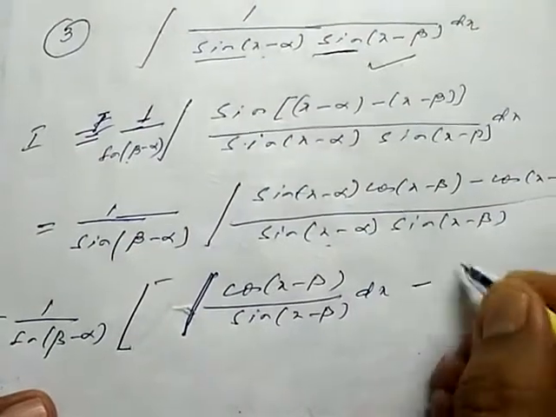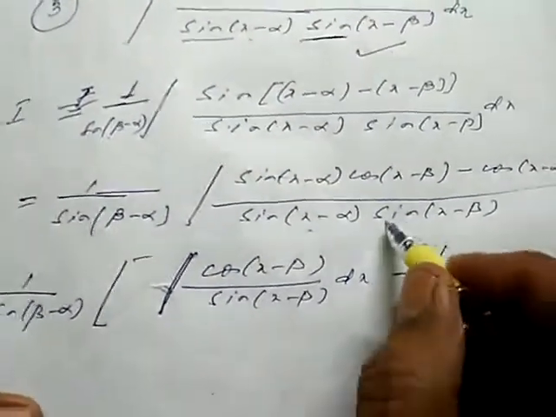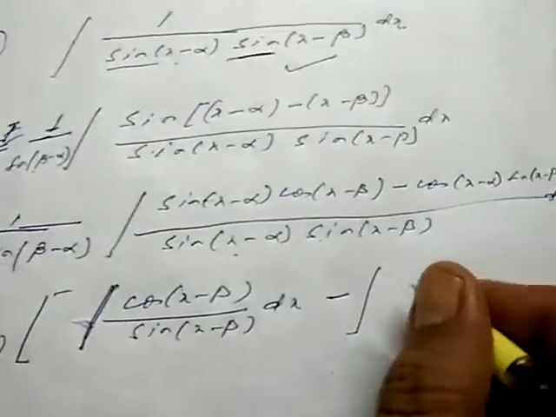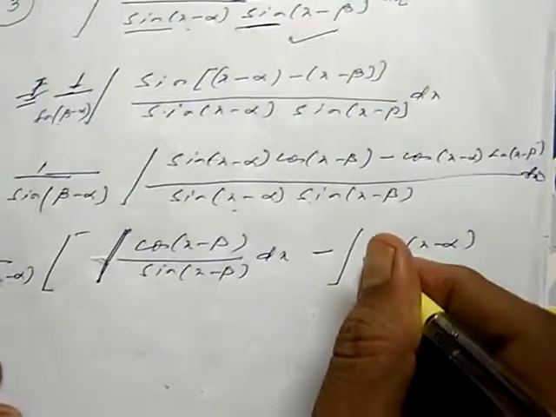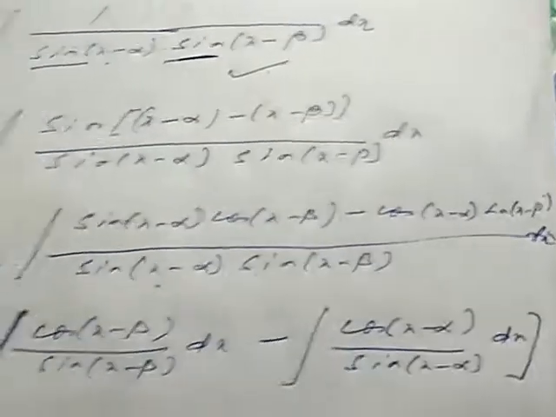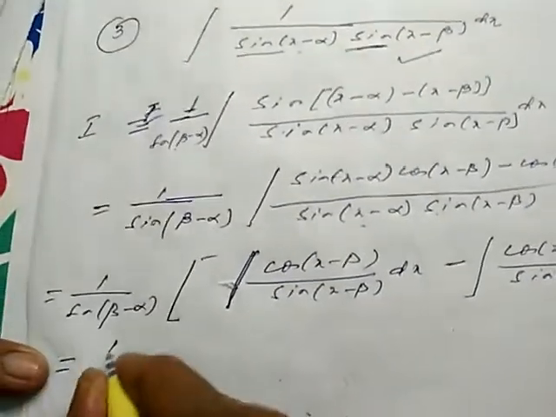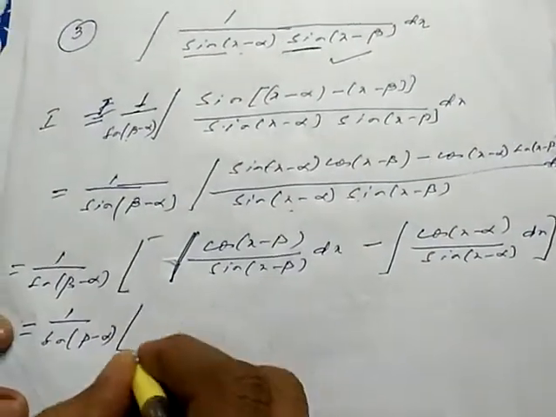In the second part, sin(x minus beta) will go out, and this time we will have cos(x minus alpha) upon sin(x minus alpha), dx. After doing so, we have the factor 1 upon sin(beta minus alpha), because this is a constant, it is always outside.